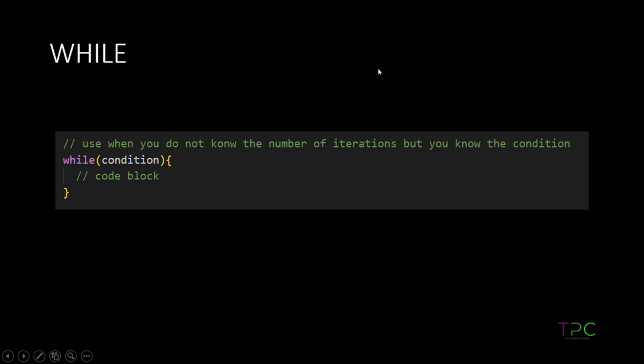Okay, let's go to the while. While is a very simple loop. We need to provide the while keyword and in brackets a condition, and of course the curly brackets for the code block. Okay, and we use this kind of loop when we don't know the exact number of iterations, right? But we know the condition. And again, the condition has to be a Boolean value, true or false, right?